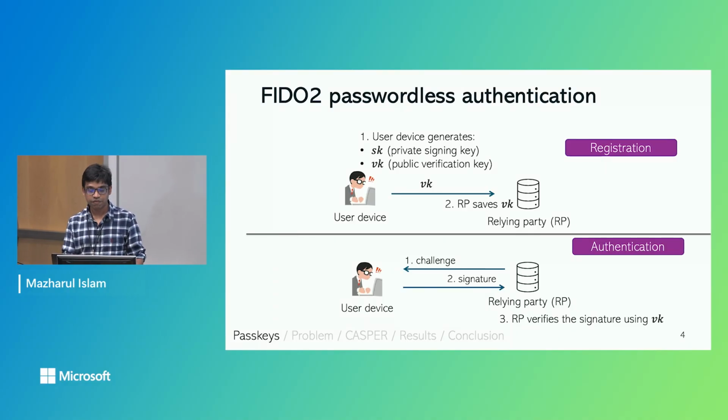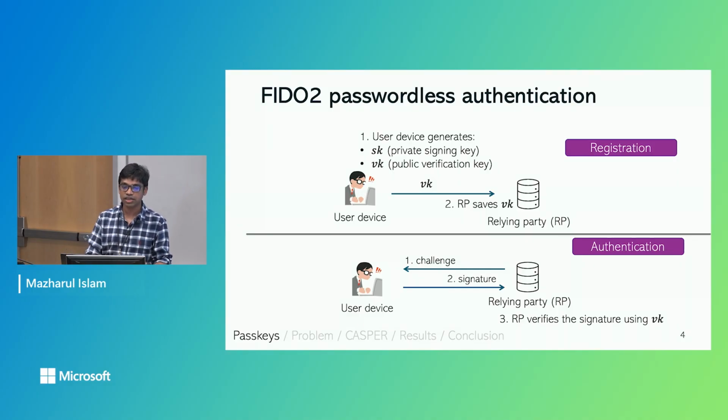During the authentication phase, the relying party sends a random challenge to the user device, and the user device signs that challenge using the private key, or the passkey, created during the registration phase. Once the signature is sent to the relying party, it can verify the signature and allow the user to log in.